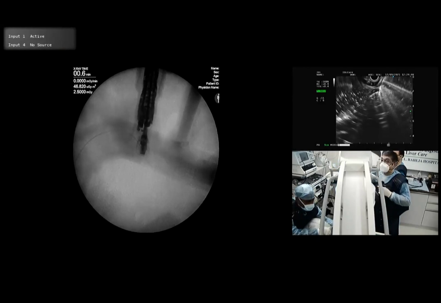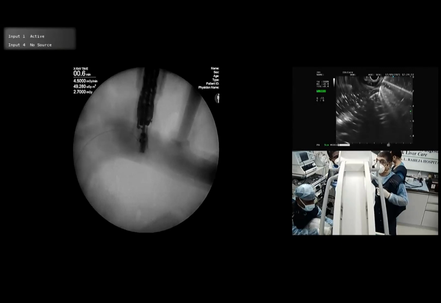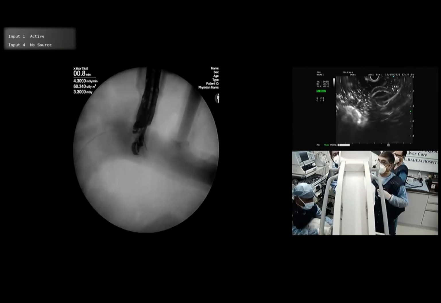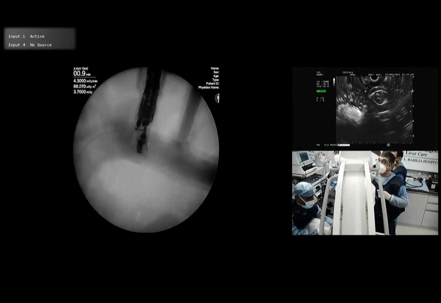So if you want to change the position, fluoro, and you are not happy with it, you rotate it. See, I am rotating the scope, pushing it a little so that it is in a better position. See this here. So this is how you do in real life also.